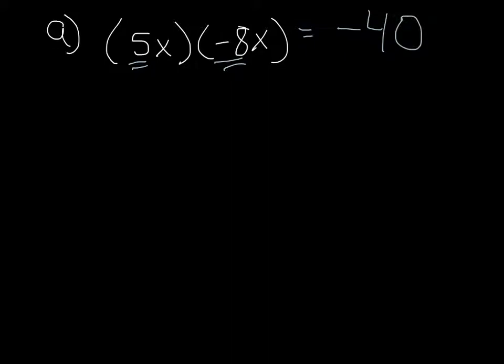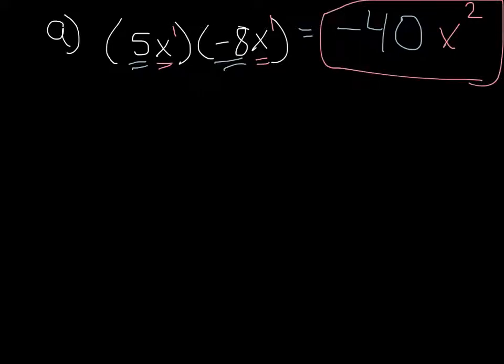Negative 40. Hopefully you all said it. And x times x is x squared. Remember, when there's no exponent there, think of it as a 1 next to it. And that's our final answer. Negative 40x squared.